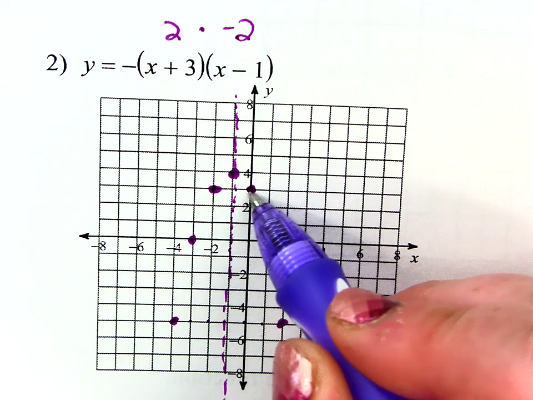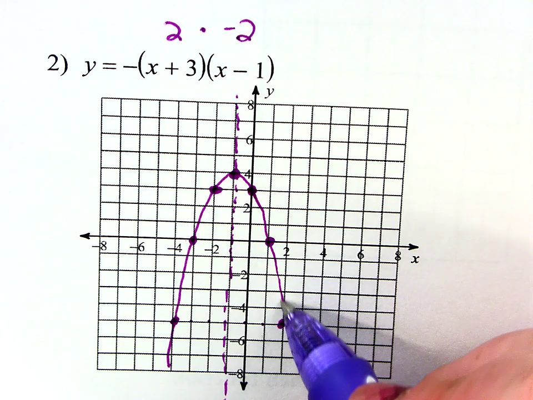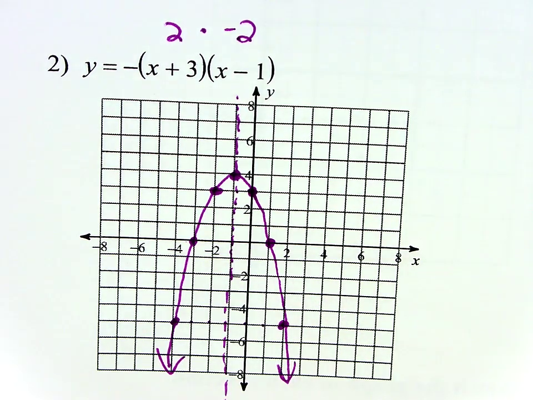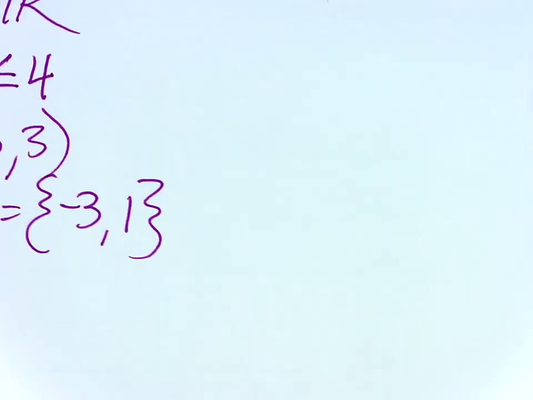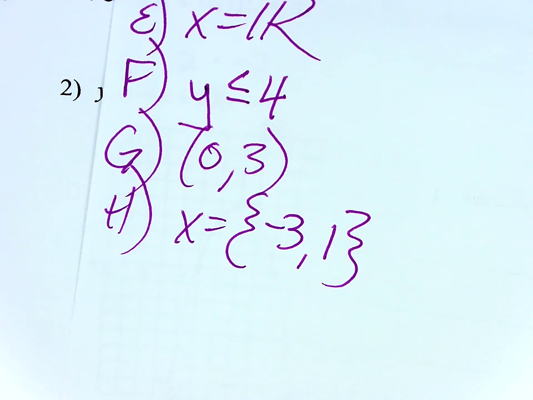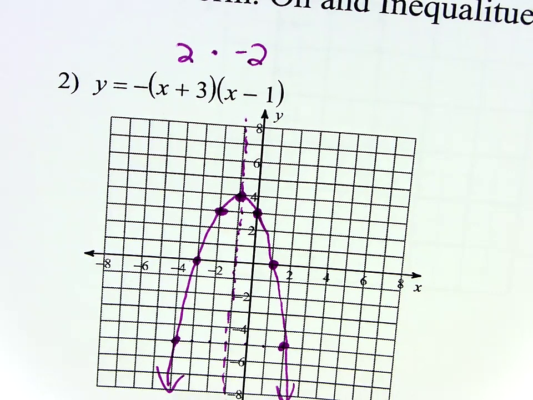So I can tell on my graph where my y-intercept is. Where is it? 0, 3. Yes. You could do the math, and you would have to if your y-intercept wasn't nice, like if it didn't cross exactly at a point, I'd have to plug it in and see exactly where it is. But mine did cross nicely, so I can just pop that in. And that's pretty much it.